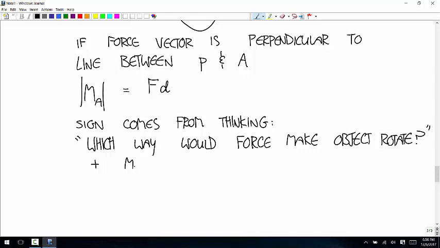Positive means counterclockwise, and negative means clockwise.